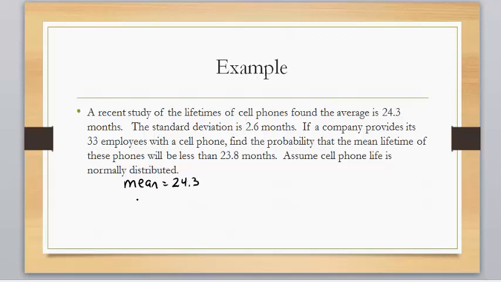The standard deviation is 2.6. If a company provides its 33 employees with a cell phone, find the probability that the mean life of these phones will be less than 23.8.